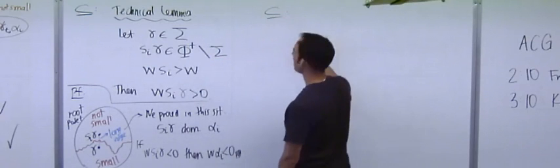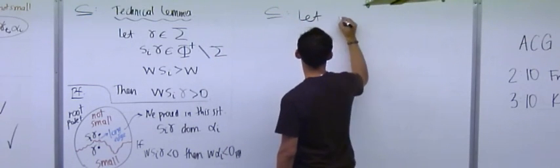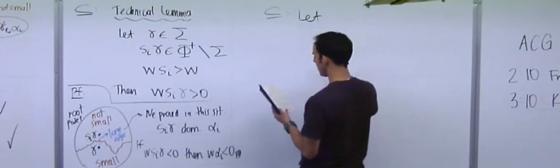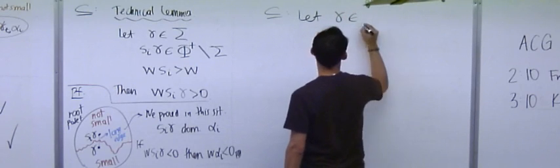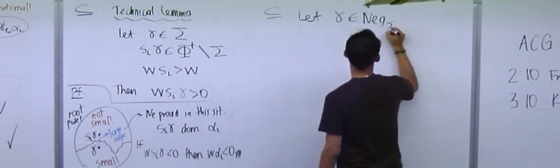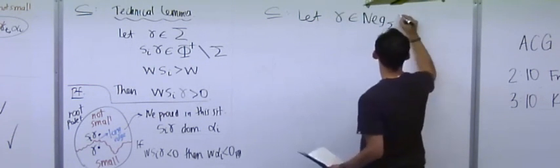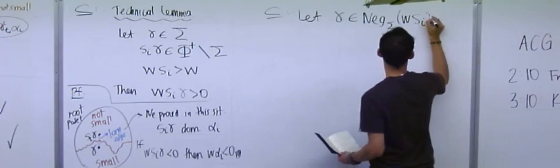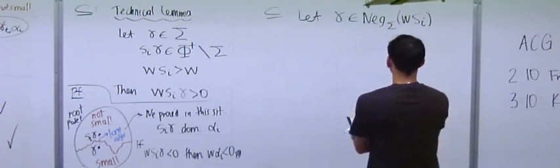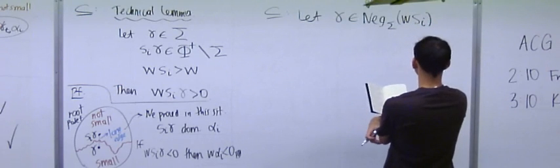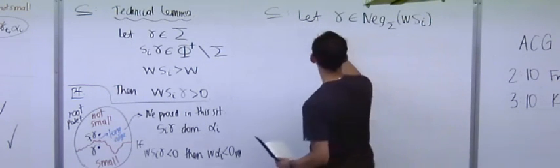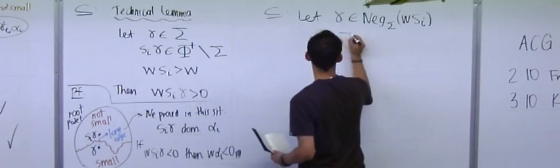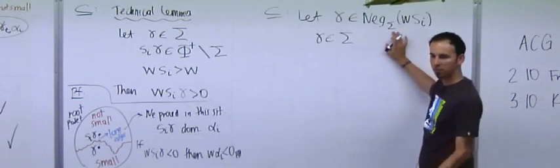So let's take something in the left-hand side. Let's call it gamma. Okay. So what do we have? We have, first of all, that gamma is small, right?